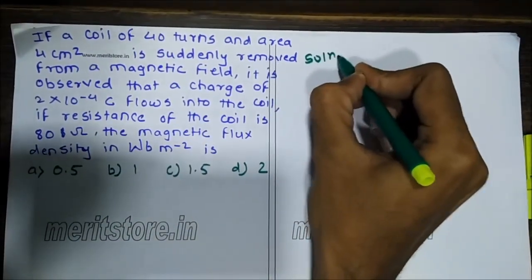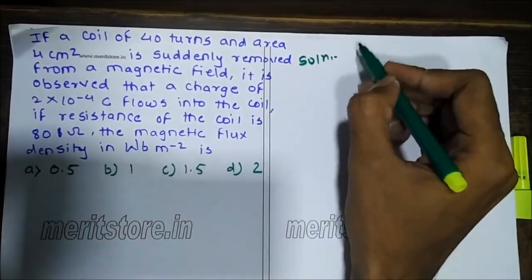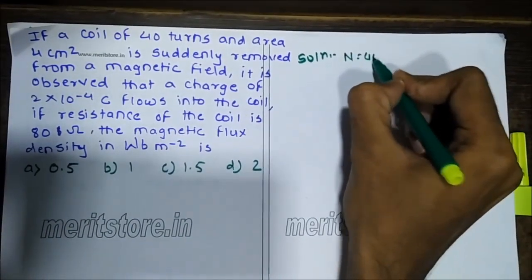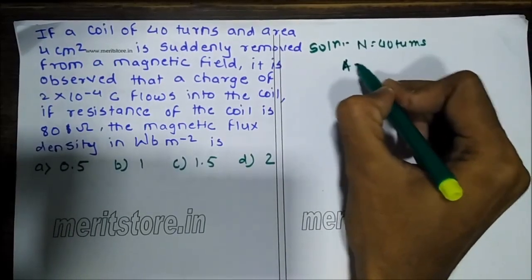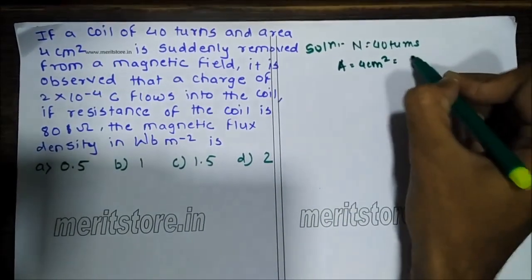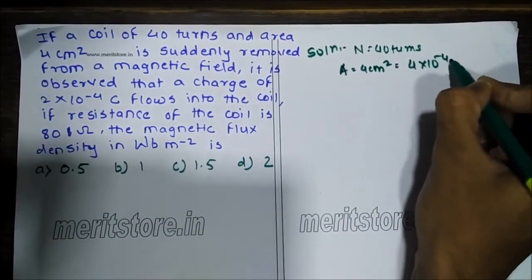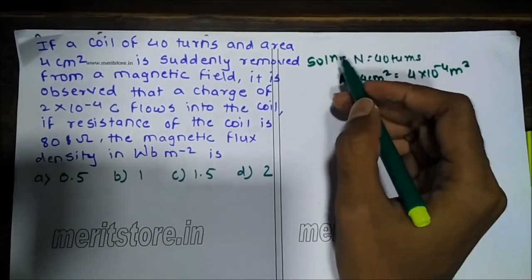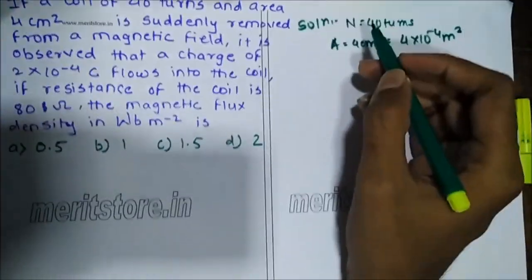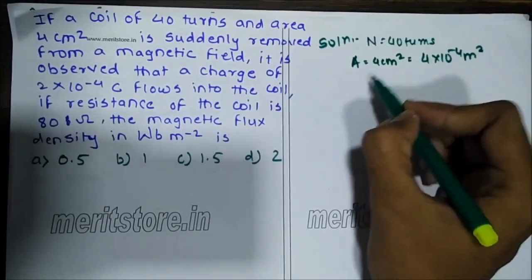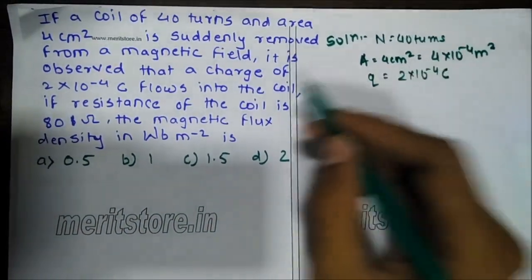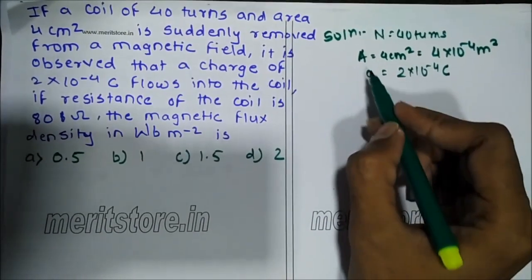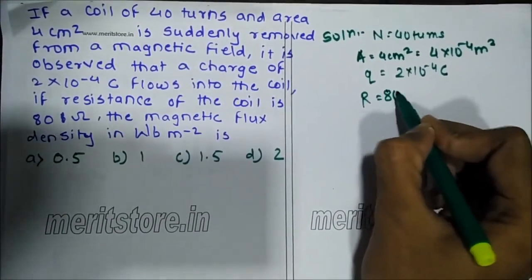So basically what we have given here is N, which is equal to 40 turns. Next, the area is 4 centimeters square, that becomes 4 into 10 to minus 4 meters square. It is removed from a magnetic field, and it has been observed that the charge Q is equal to 2 into 10 raised to minus 4 coulomb, and the resistance of the coil R is equal to 80 ohms.